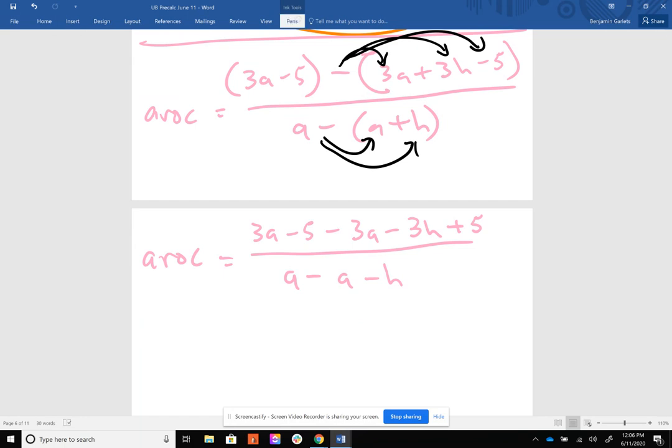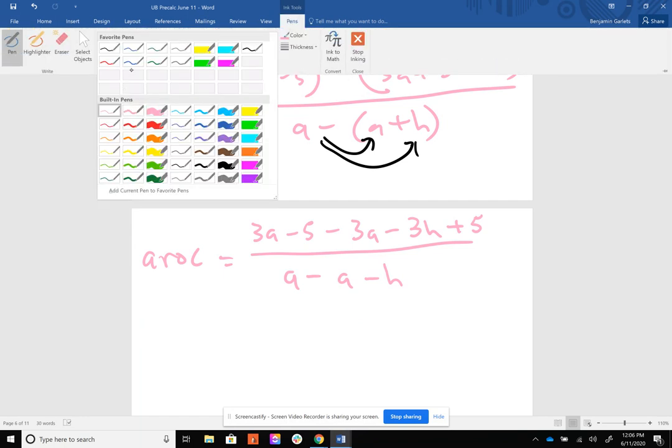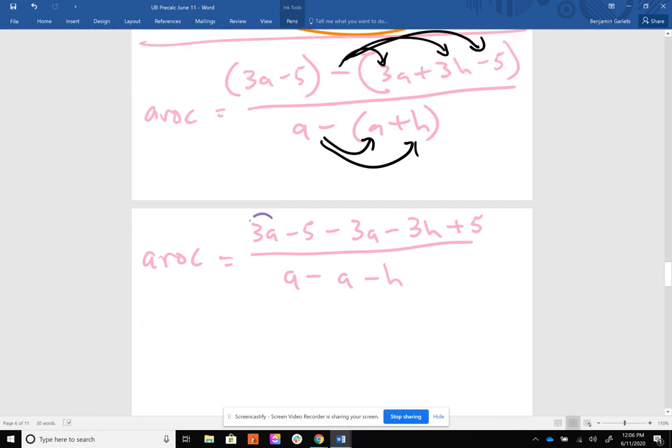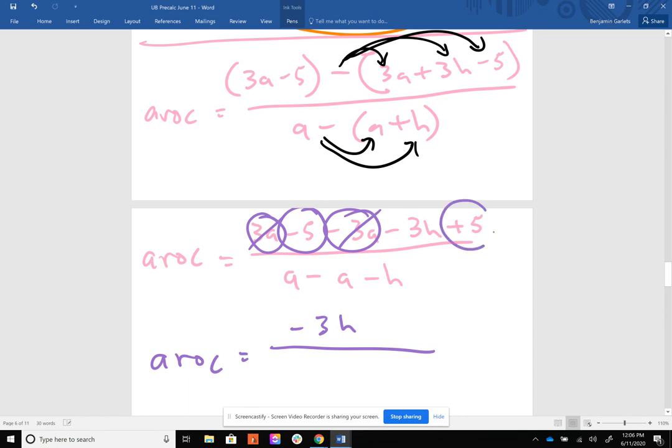All right, let's do the combine like terms thing. In my numerator, if I look at all of my a values, I've got 3a and negative 3a. Oh, those are opposites. I've only got one h term, so that's going to come down here, and I'm just going to have it in my numerator, so negative 3h. Constant terms, I've got negative 5 and positive 5.